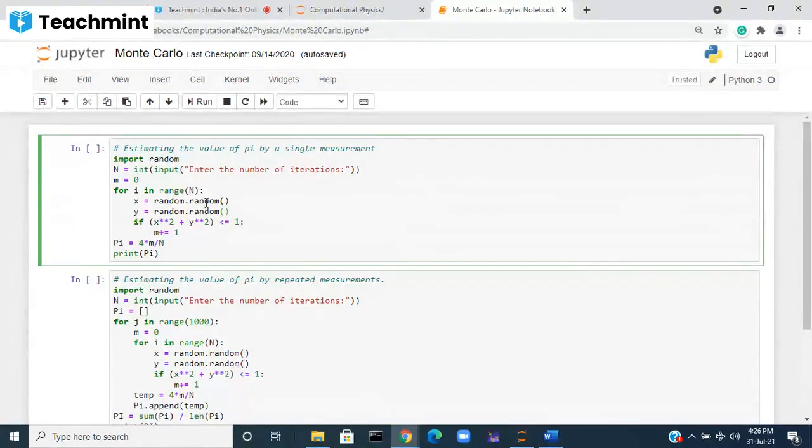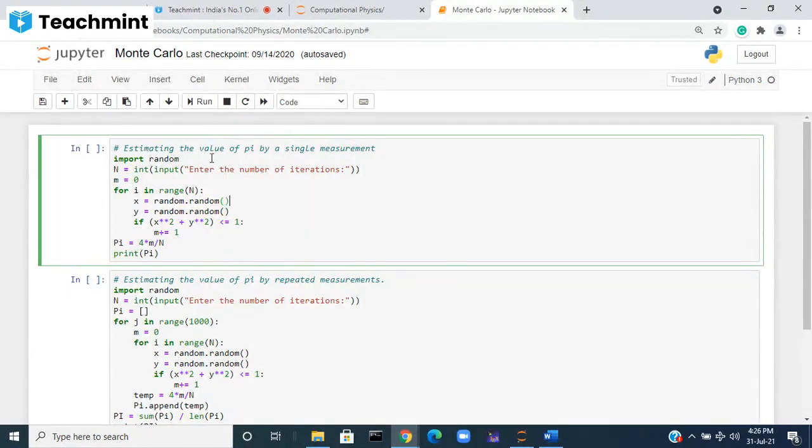And what does this random method produce? When we call this random method, it gives a random number which lies between 0 and 1. I repeat, this random method gives a random number which lies between 0 and 1.